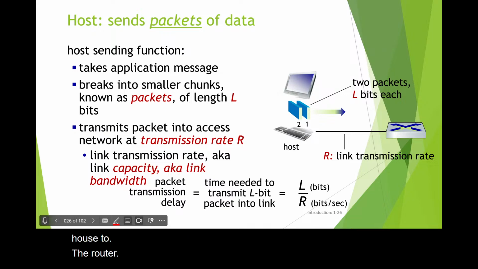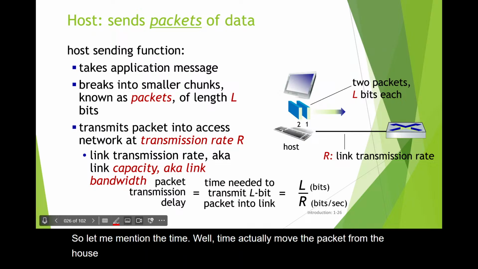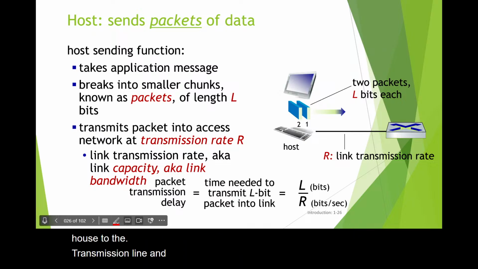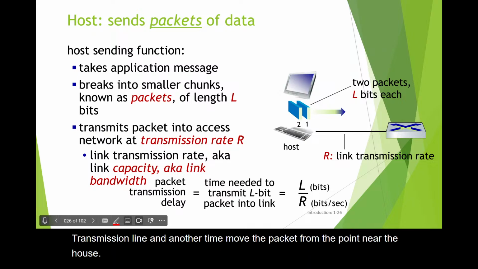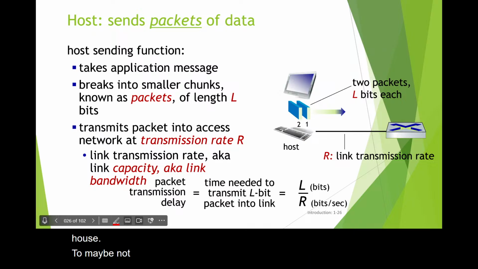Let me mention the two times. One is the time to move the packet from the host to the transmission line. Another is the time to move the packet from the point near the host to the router. So should the two types of time be the same?